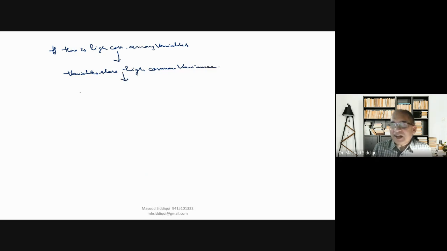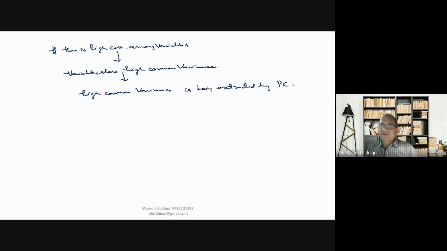And this high common variance is being extracted by the principal component.